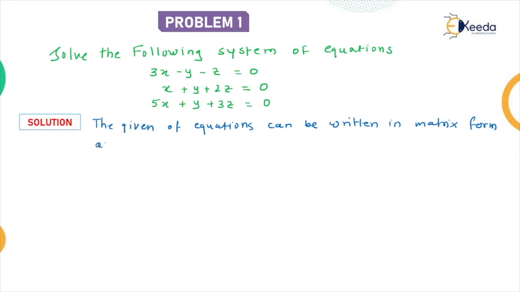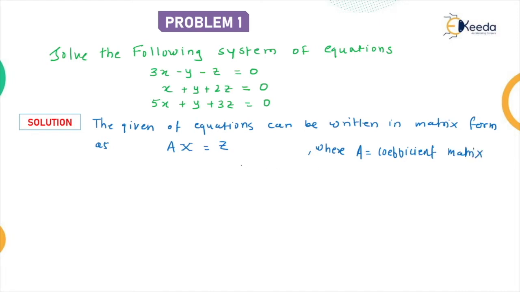AX is equal to Z. Because the RHS is totally 0, that matrix Z is called a null matrix or zero matrix, where matrix A is the coefficient matrix.